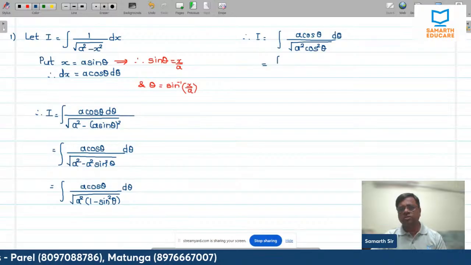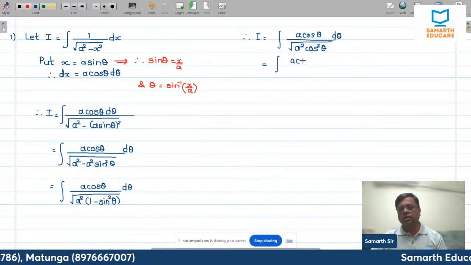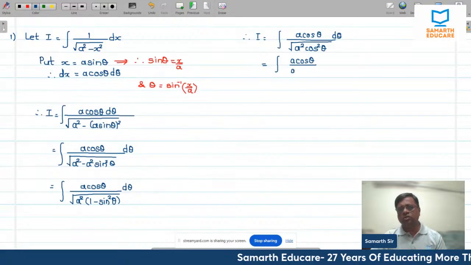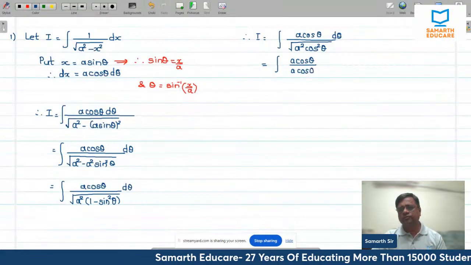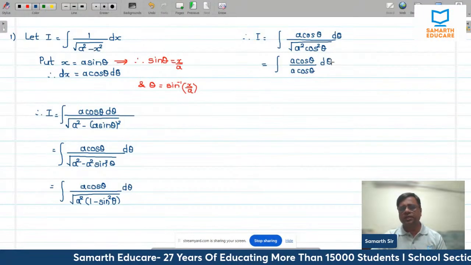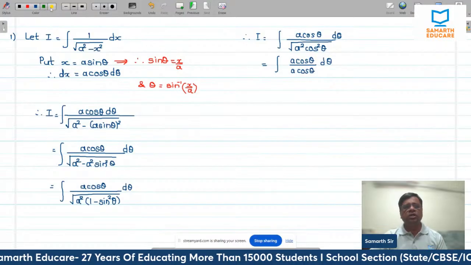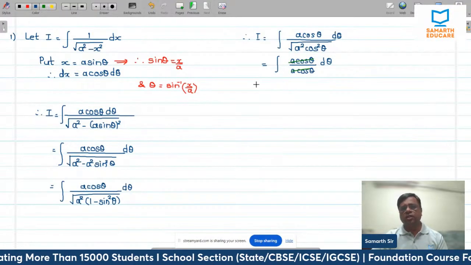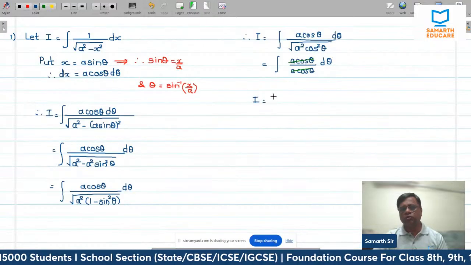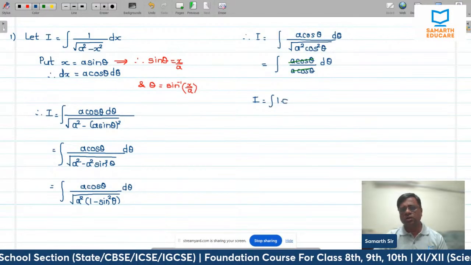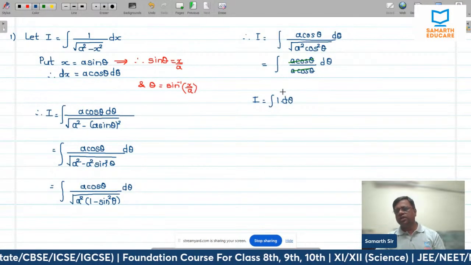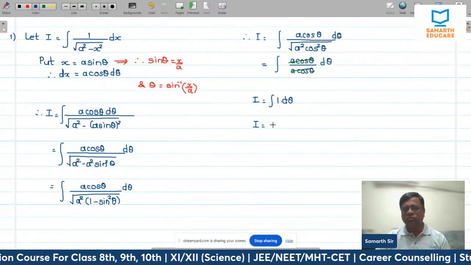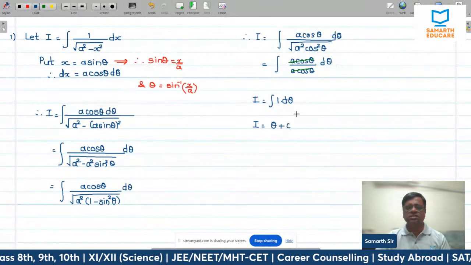So this becomes a cos theta upon root of a cos square theta, once again d theta. Now a cos theta upon a cos theta, the complete thing gets cancelled. That means I is equal to integration of 1 d theta. When it is integration of 1 with respect to x, we write x. So here I is equal to theta plus c.